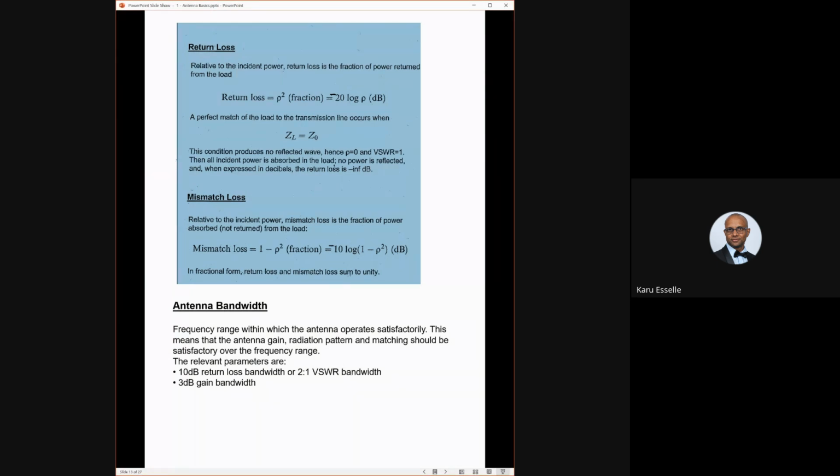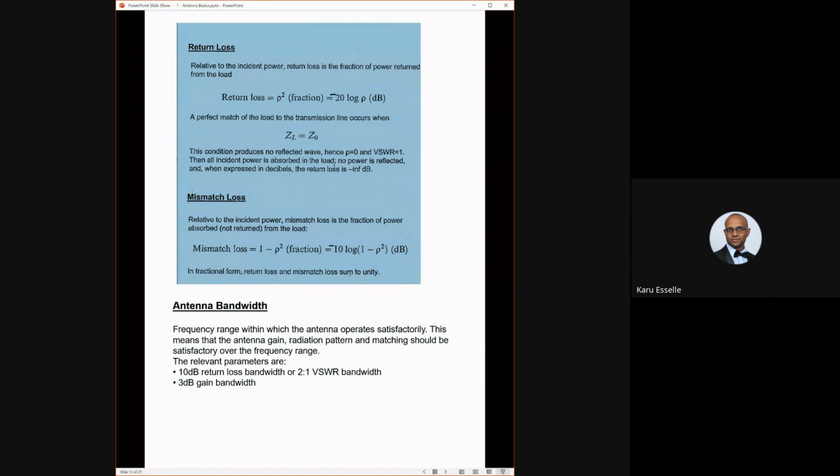Your signal has a finite bandwidth. Your radio frequency waves would have finite bandwidth. So you need the antenna to operate well over the entire bandwidth of your system. That means the antenna gain should be good over that bandwidth.